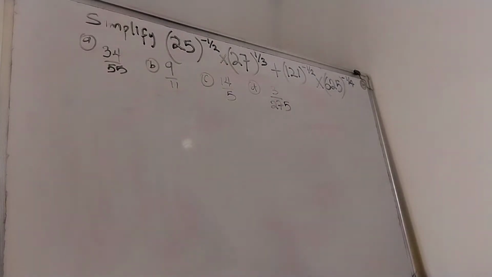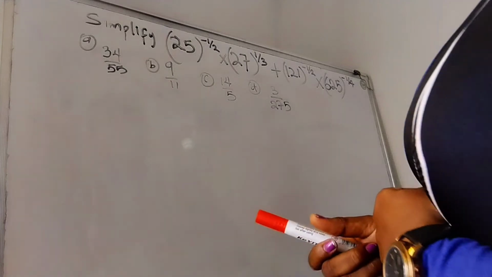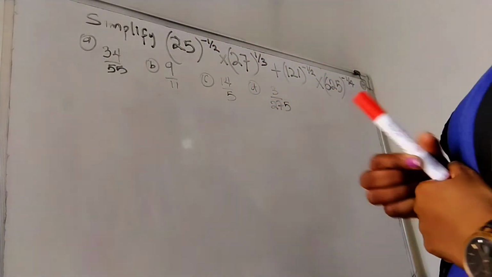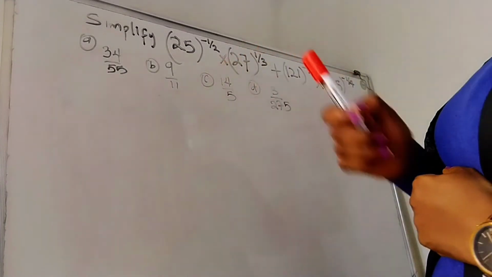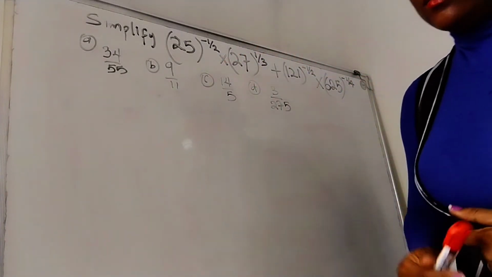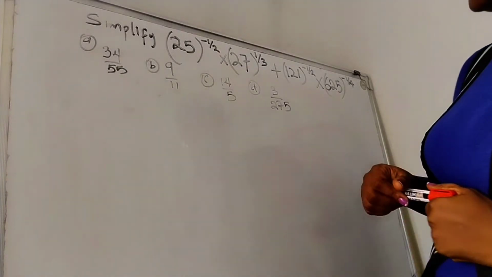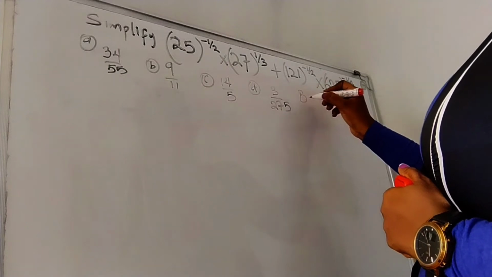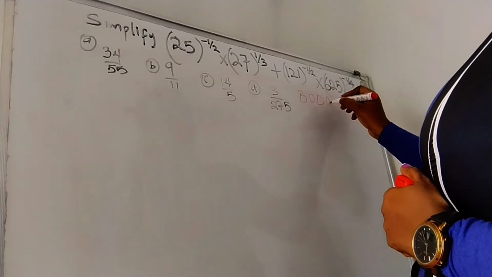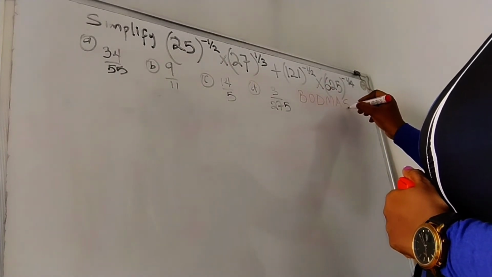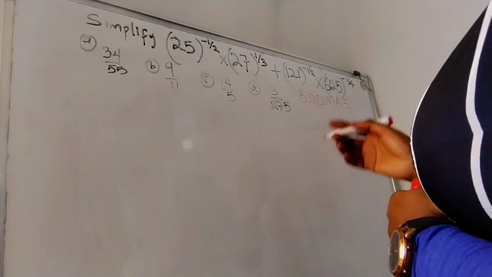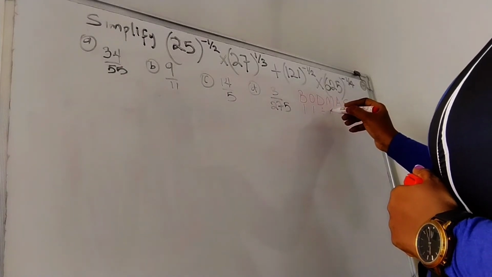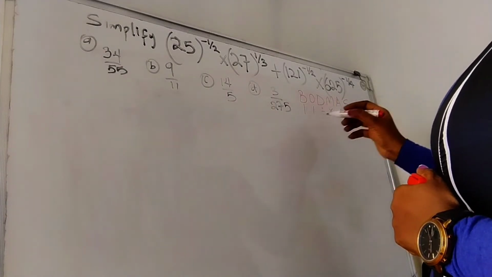All right. So now I'm seeing a mixture of indices, exponential problems, and mathematical operations, which include BODMAS. Remember, in BODMAS, you solve the brackets first, then division, multiplication, addition, and subtraction.